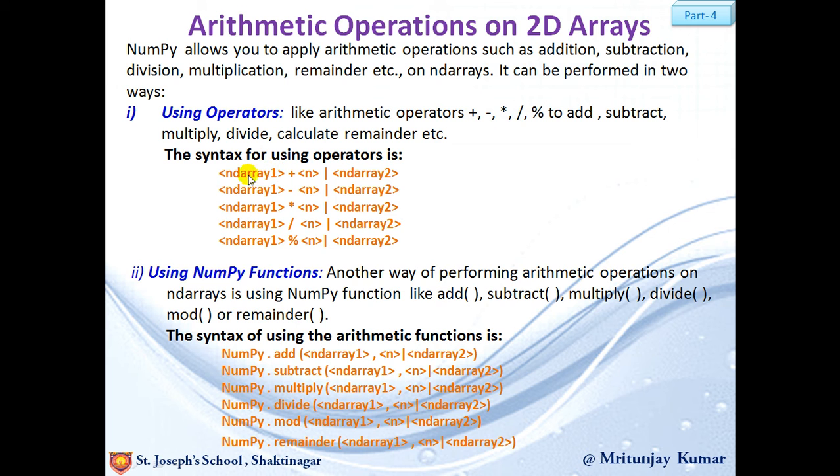So what is the syntax? The syntax is we write the 2D array name plus n, or the ndarray, whatever we have to add.